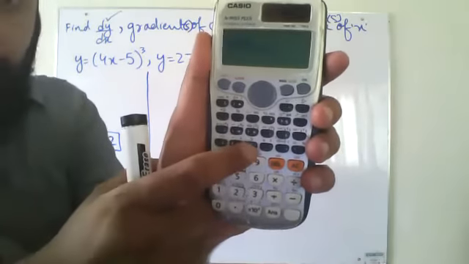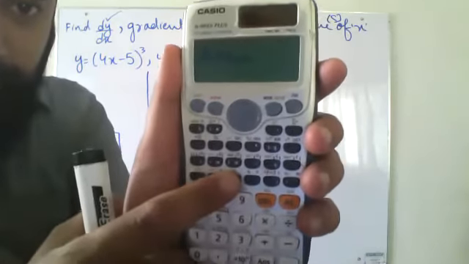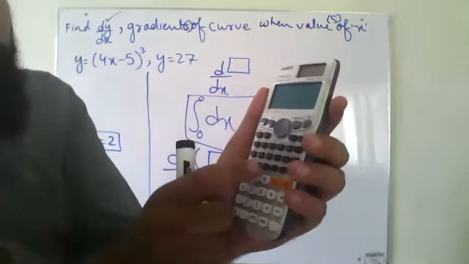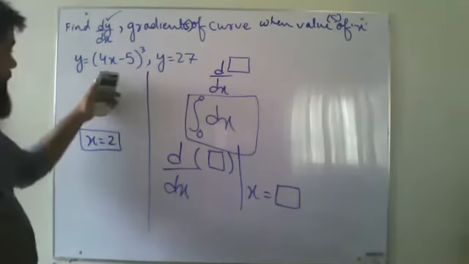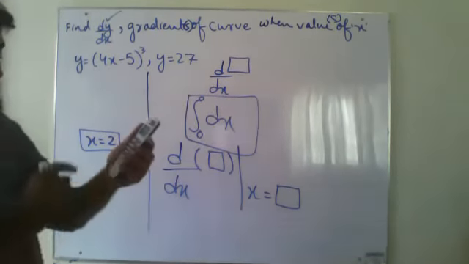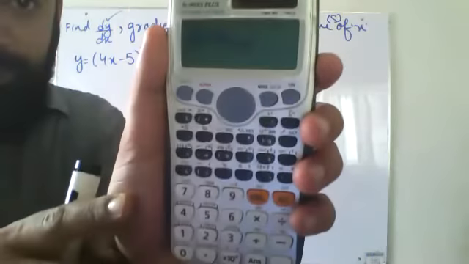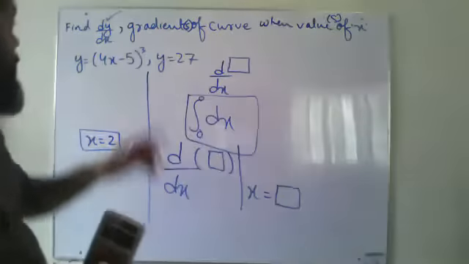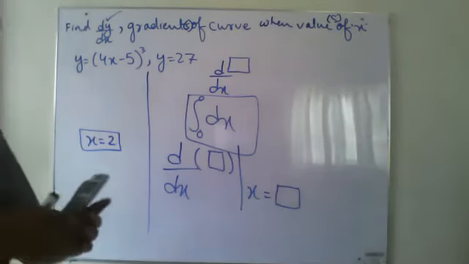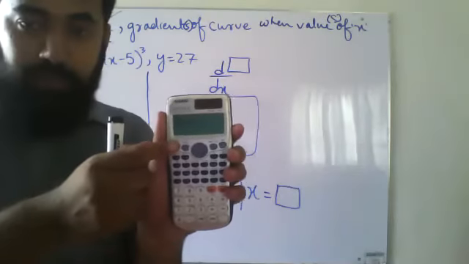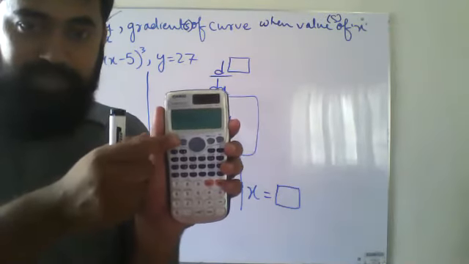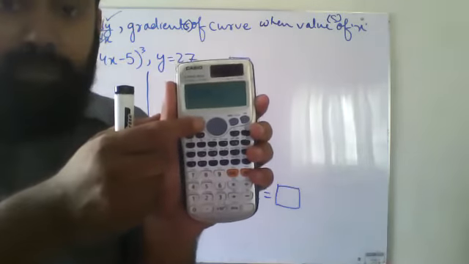First of all, I'm pressing my bracket, because there is a bracket, then 4. I have pressed 4. Maybe you guys can see it. Now, how to bring X? There is a shift button, and there is an alpha button.